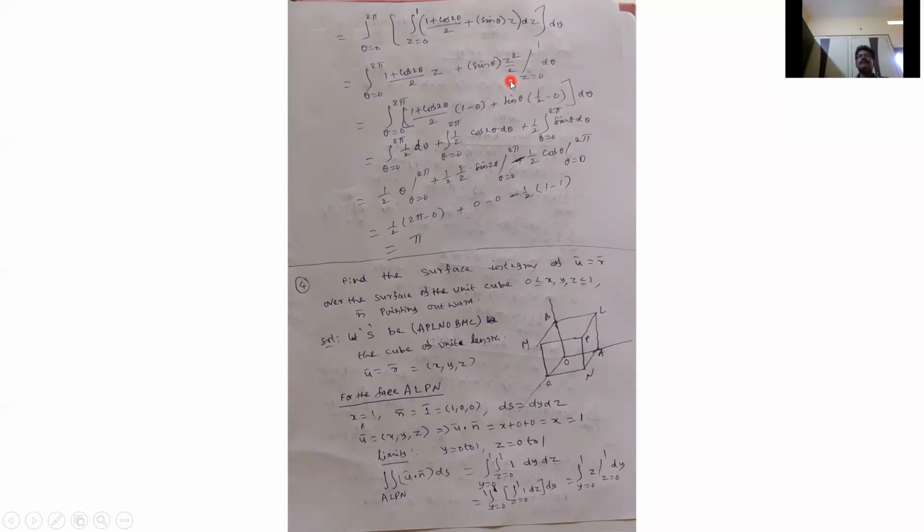Substituting z from 0 to 1: upper limit 1 minus lower limit 0, and for z square by 2, the upper limit gives 1 by 2, minus 0.